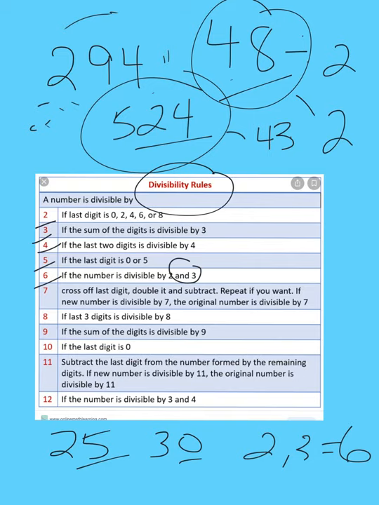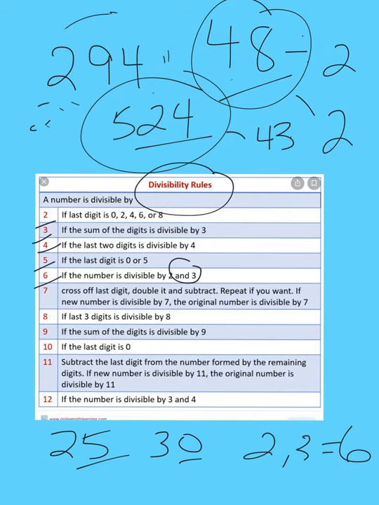For number 8, if the last 3 digits can be divided by 8, you know that it's divisible by 8. 9, if the sum of the digits is divisible by 9. So again, you're adding all the digits together, and if that number can be divided by 9, then you know that the whole number can be divided by 9.